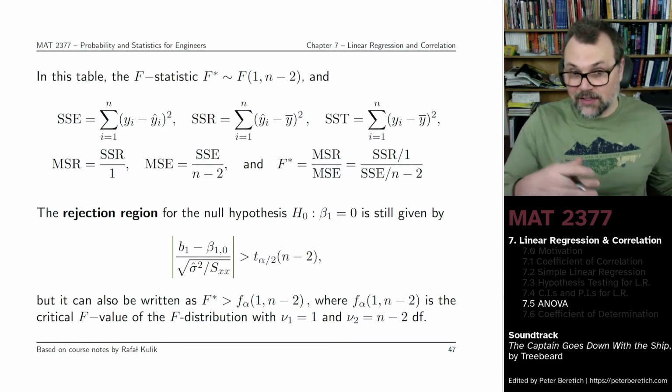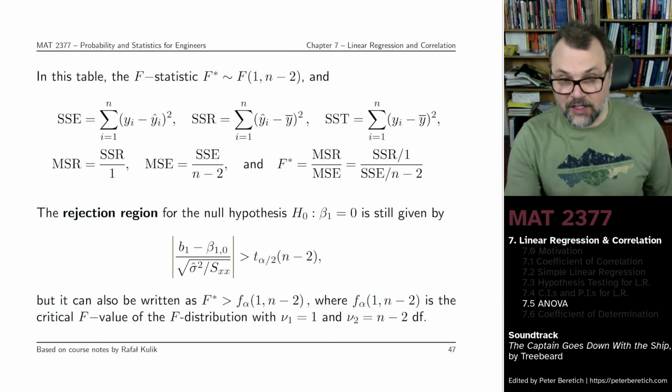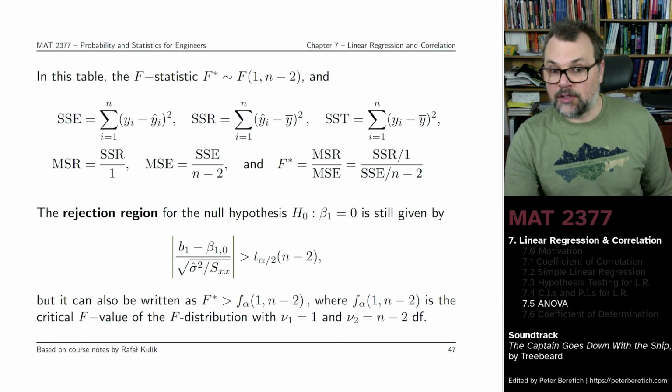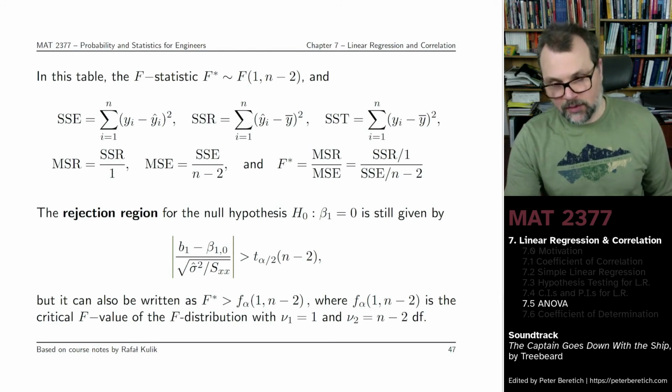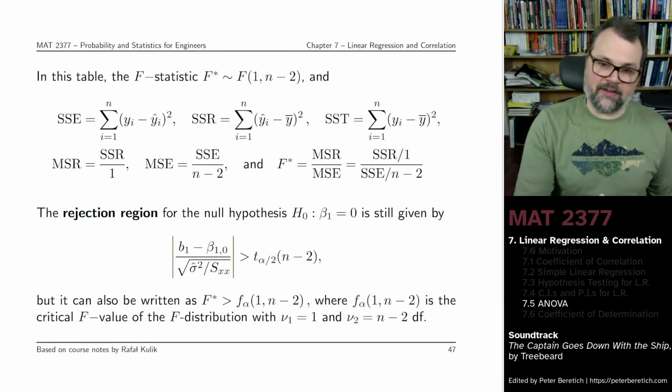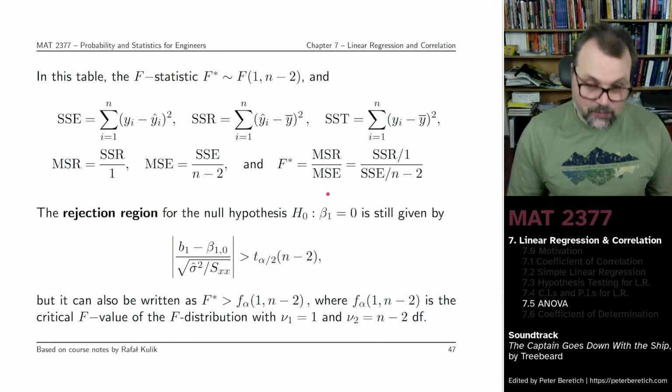We can still test for the null hypothesis that beta 1 is 0 by determining if the standardized quantity here, the point estimate for the slope minus the candidate 0 divided by the square root of the MSE divided by SXX, is greater than the critical value of the student t distribution with n-2 degrees of freedom at a confidence level of alpha divided by 2, but you can also write it as this expression here.